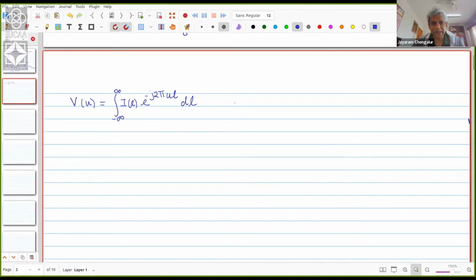That means if this is the relationship between V of U and I of L, and I'll remind you that this is what we have measured, our correlator gave us this, and this is what we want, which is the image of the sky, then this relationship implies that I of L, because the Fourier transform is invertible, is given by this relation, the inverse Fourier transform.